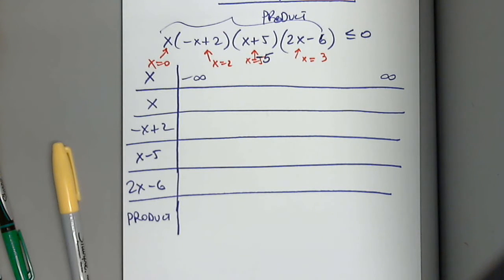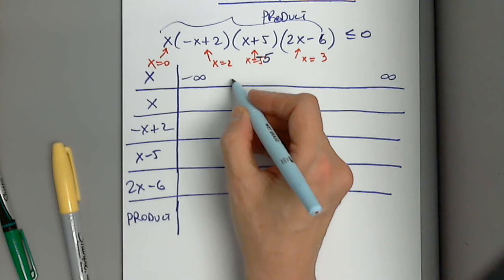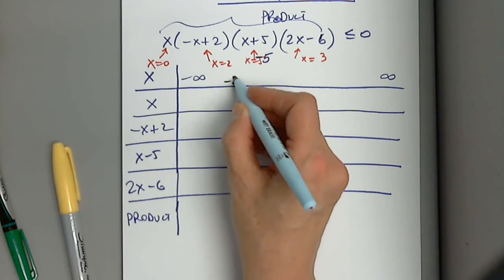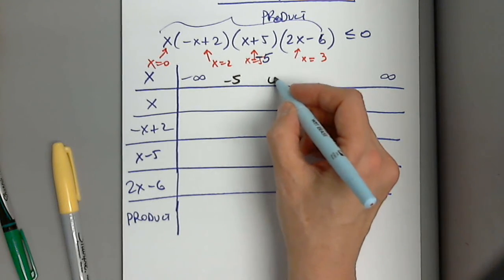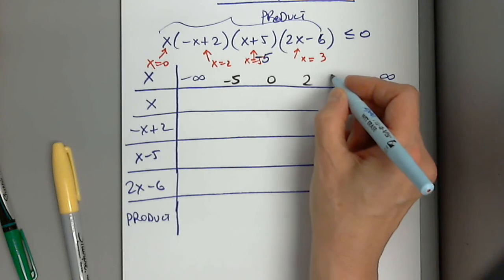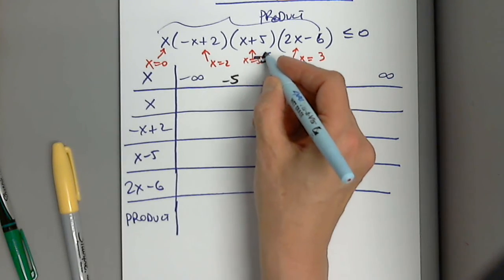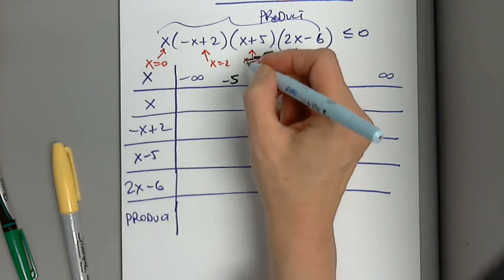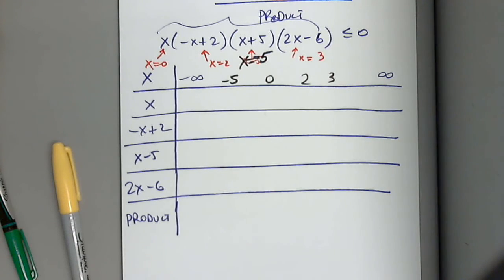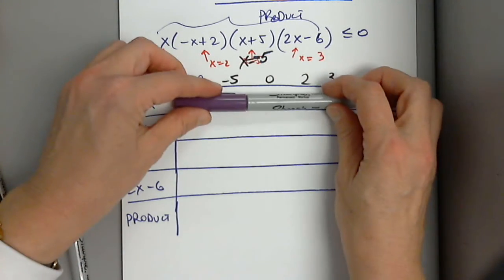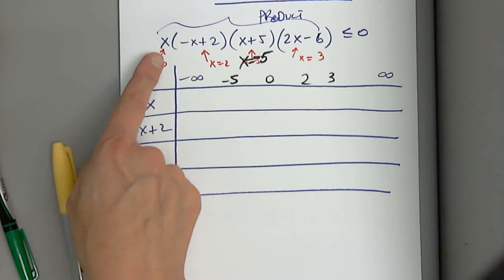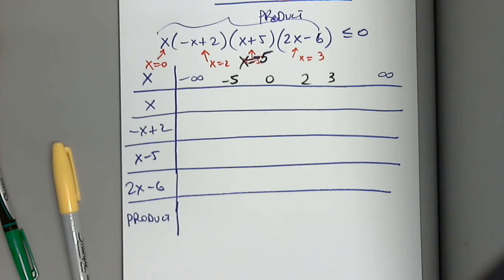Now I would like you to give me all these numbers in ascending order, from left to right, of course. The first one will be -5. The next one will be, and then 2, and then 3. Perfect. So the first row, which represents the first factor, which is x, has a 0 somewhere.